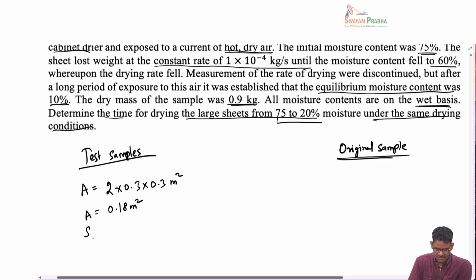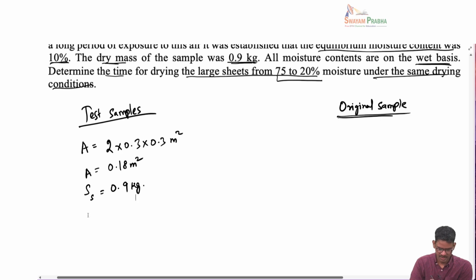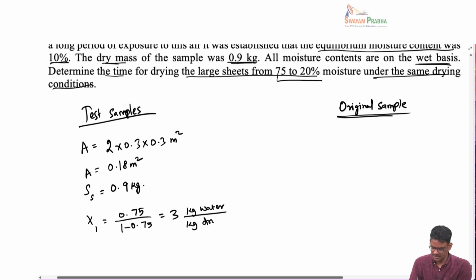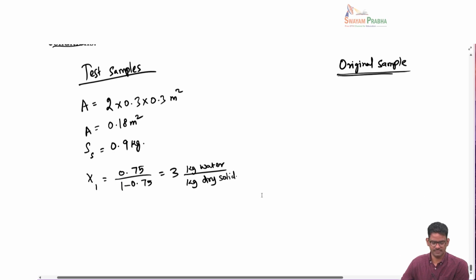Mass is also given, in terms of dry mass itself, so we can directly get this as 0.9 kg. The initial moisture content is based on the dry basis, so you get something like 3 kg water over kg dry solid. The initial moisture content is 73% by wet basis, so I am writing it in terms of dry basis.